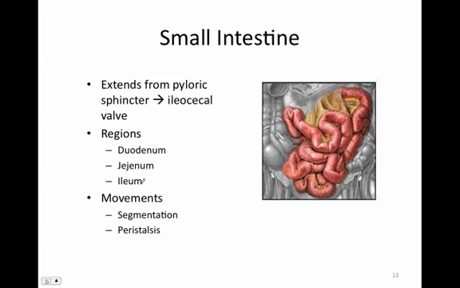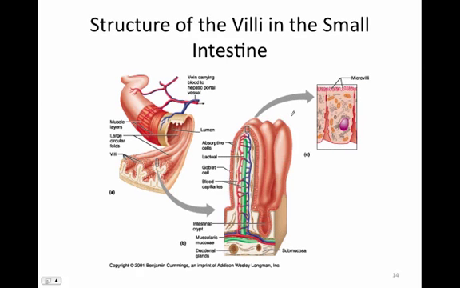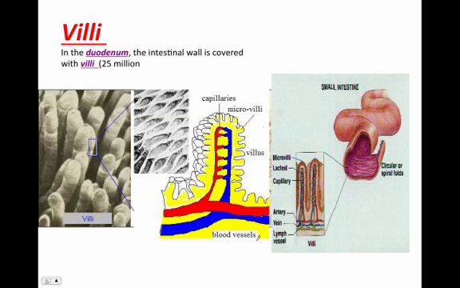It contains 3 regions, and it's most important because it has villi in them. These villi are kind of tiny little finger-like projections. They maximize surface area, but they have capillaries around them so that once all the food is broken down small enough, it dissolves or diffuses into the capillary network, which is then taken to the cells of our body.